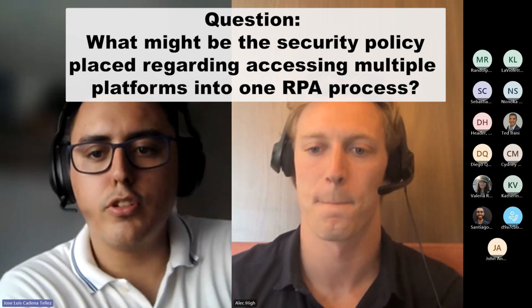So what might be the security policy placed on regarding assets in multiple platforms into one RPA process? So yeah, in IBM RPA, there's going to be available something that is called the Vault, which is basically a place where all the access information, login information can be securely saved.